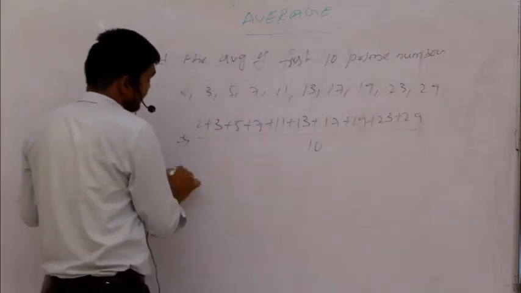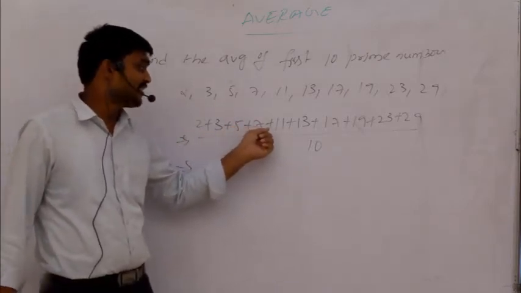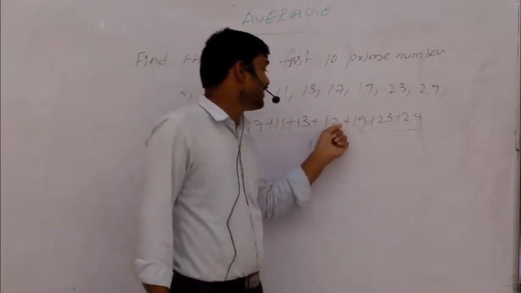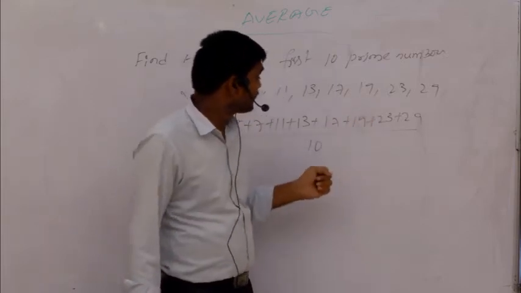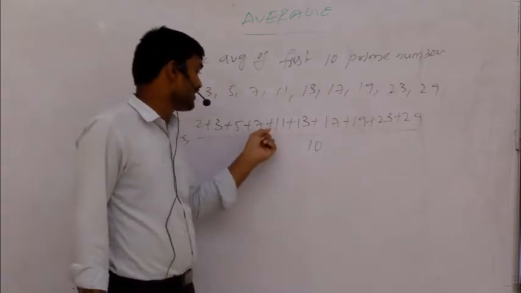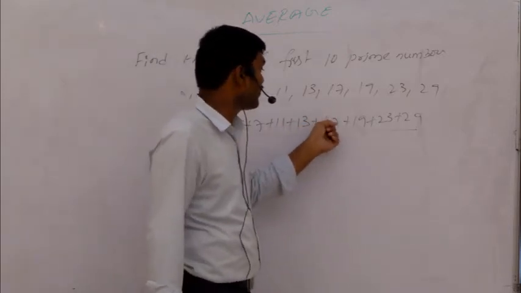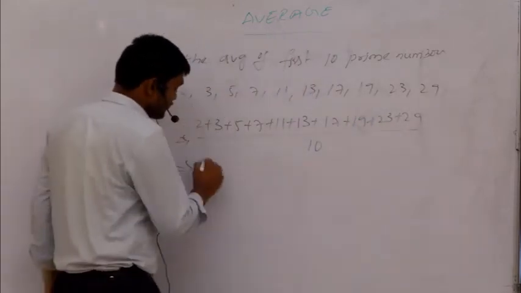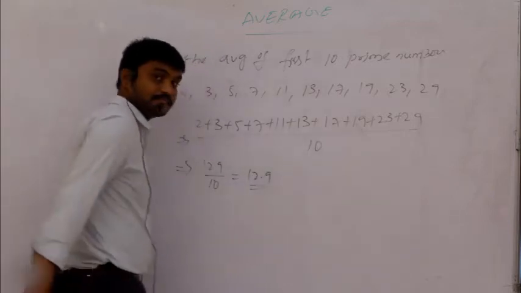So then next 2 plus 3 is 5, 5 plus 5 is 10, 10 plus 7 is 17, 17 plus 11 is 28, 28 plus 13 is 41, 58, 77, 100, 129. So 129 by 10 equal to 12.9.